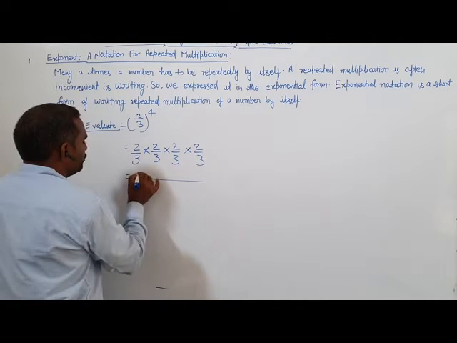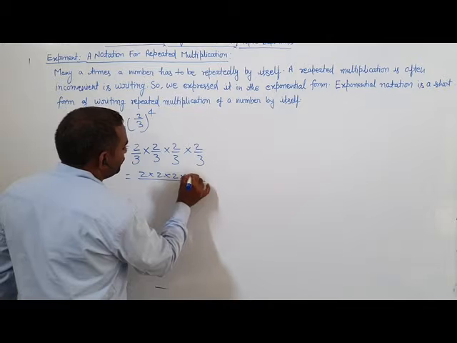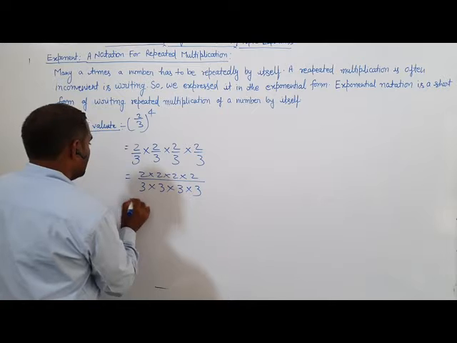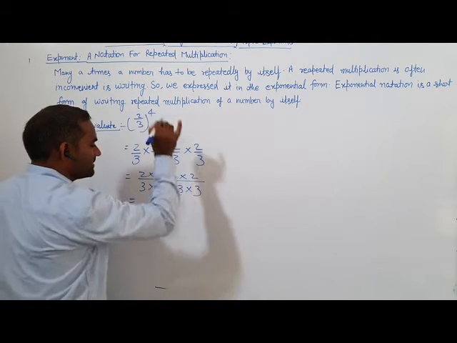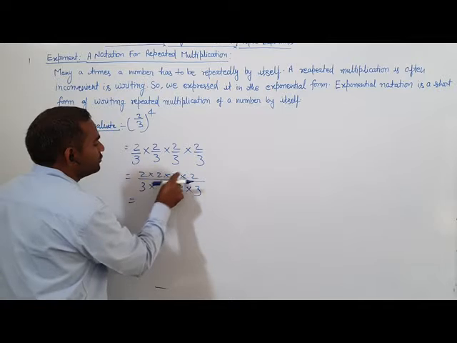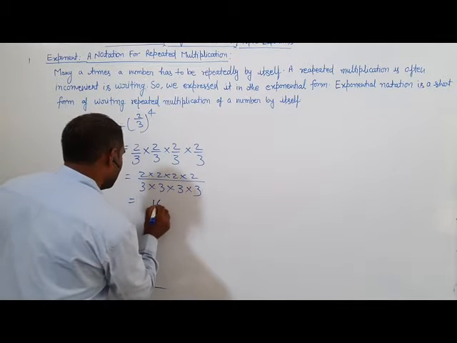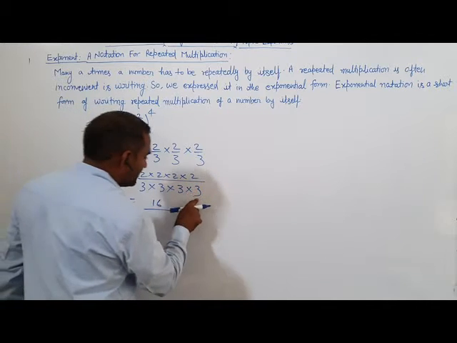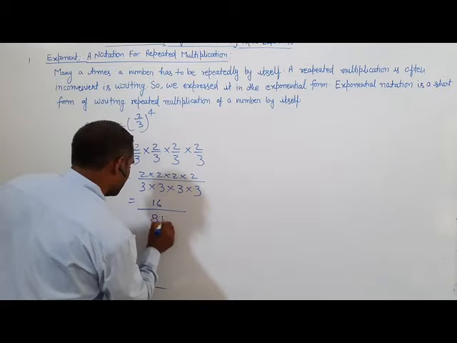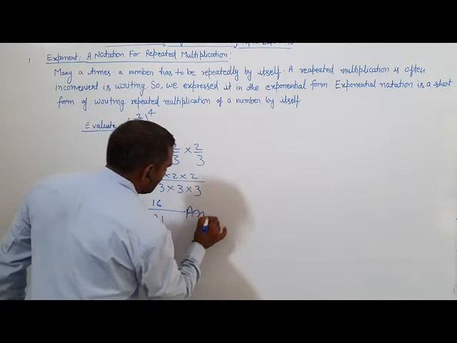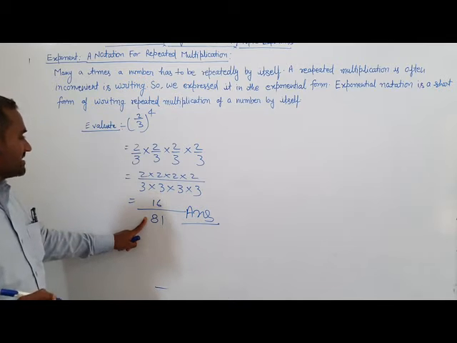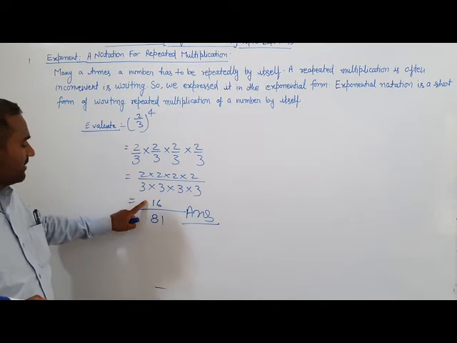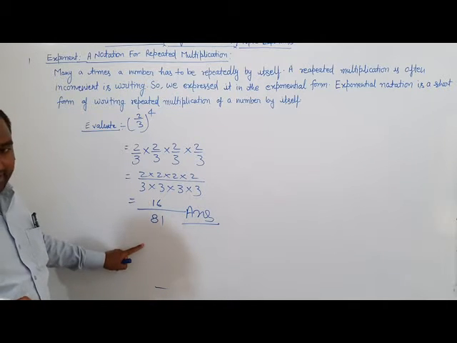For example, 2 into 2 into 2 into 2, 3 into 3 into 3 into 3. 2 2s are 4, 2 4s are 8, 2 8s are 16. And denominator: 3 3s are 9, 3 9s are 27, 3 27s are 81. This is the answer. It can be expressed in the form of 2 by 3 raised to power 4 and in the product form it is 16 by 81.